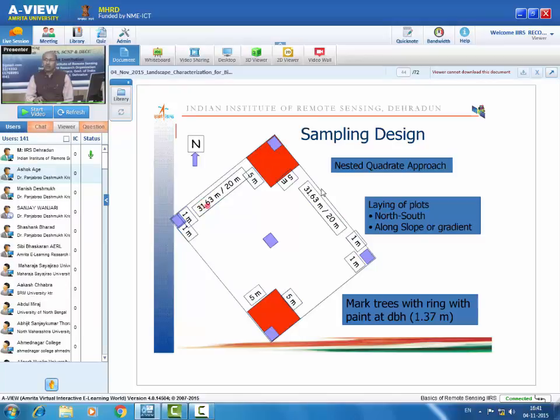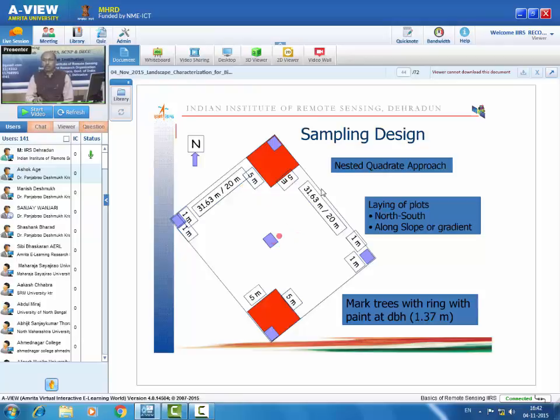So 31.63 meter or 20 meter, depending upon the energy, depending upon the money, depending upon your objective, what you want to do, you can have a plot. Basically, we do the species area curve to determine the plot size, but nevertheless, in India, we follow a 0.1 hectare sample plot, which is uniformly acceptable.